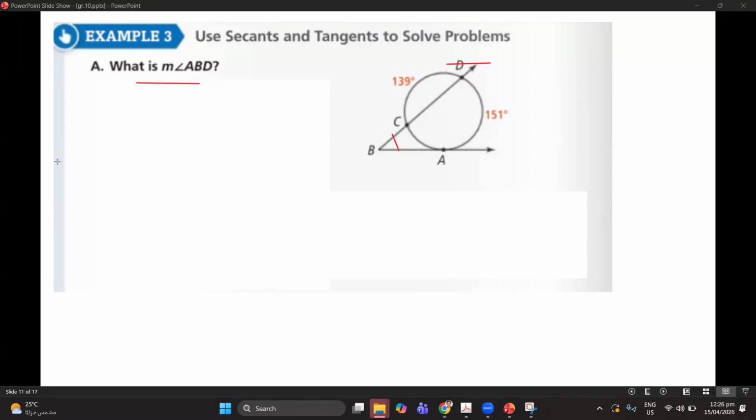So to find the measure of angle ABD, it's equal to half the two arcs that come between its hands. If you look at angle ABD, it has two hands. Beside these two hands, we have two arcs. The first arc is AD, and the second arc is AC.